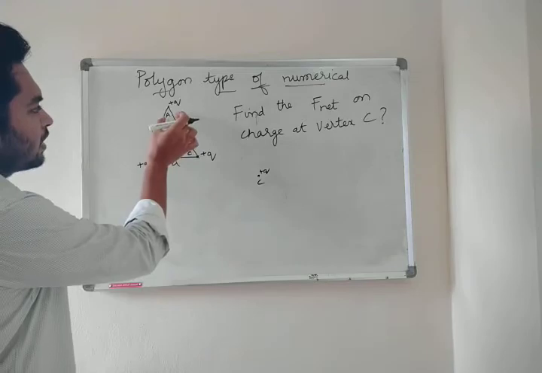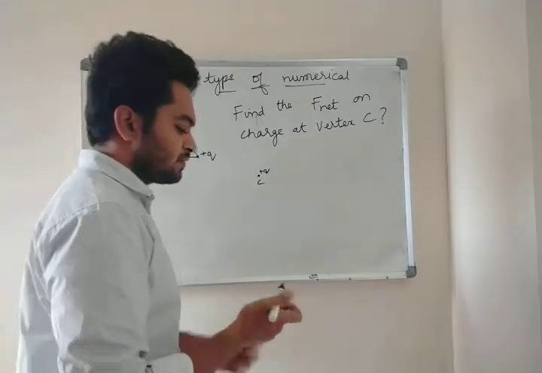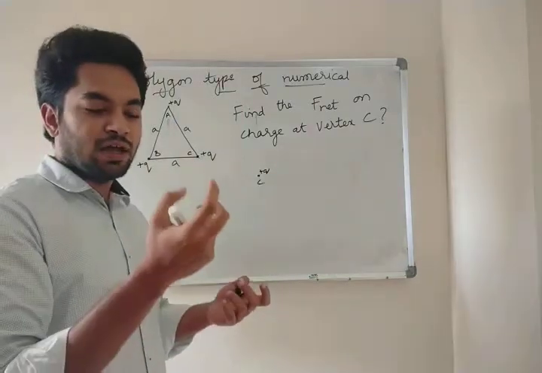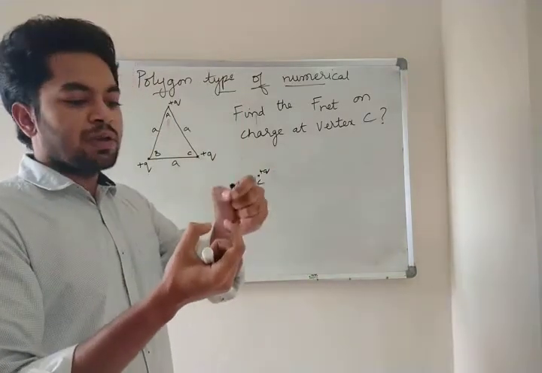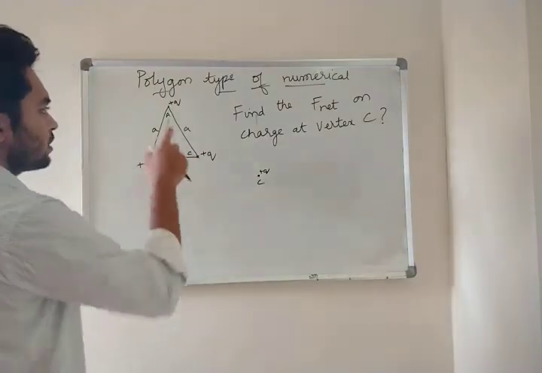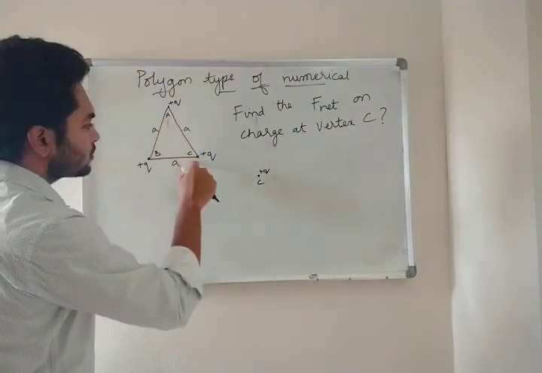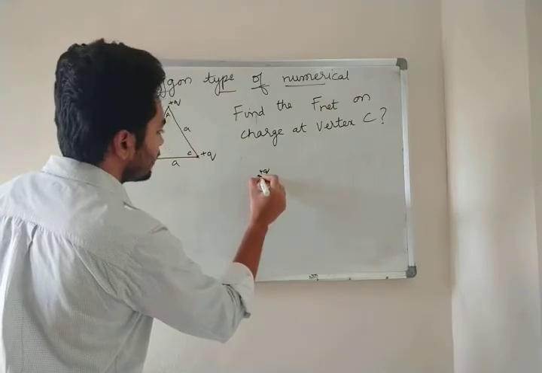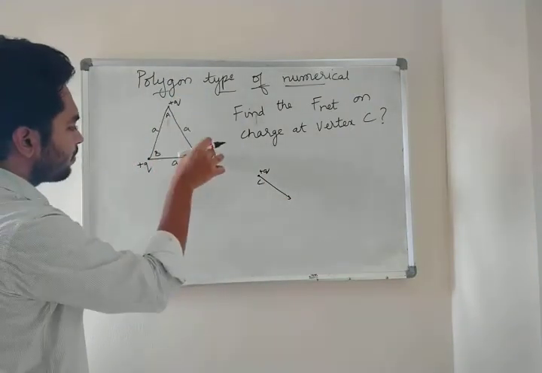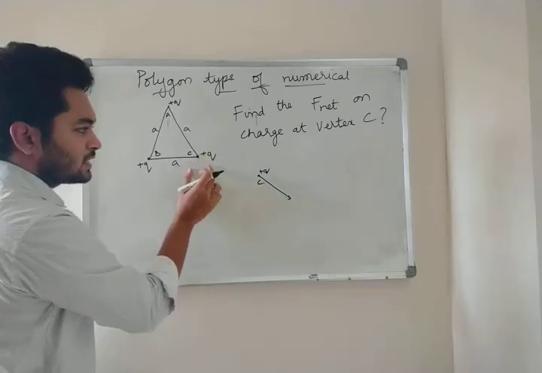In the principle of superposition we have seen that if three charges are there, on one charge, A applies a force and B also applies a force. Similarly, with the same concept here, A applies force on C in this direction. That is FCA, force on C by A. Even B also applies force on C, in this direction.